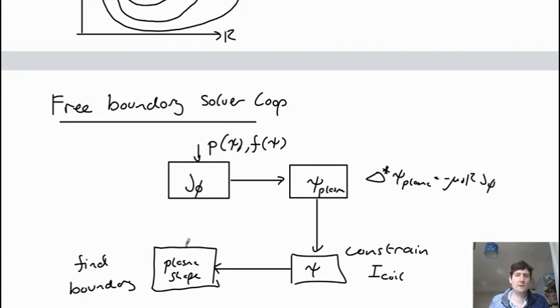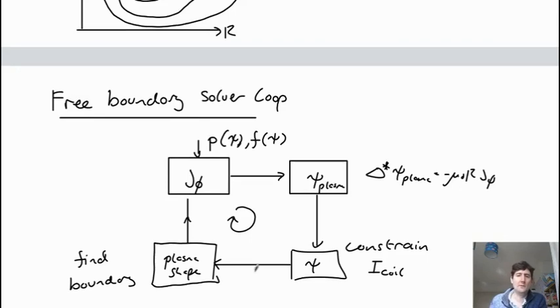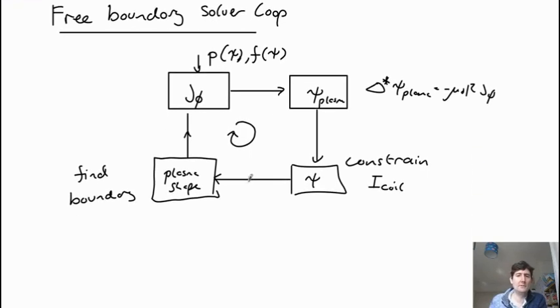And then that allows us to then calculate the toroidal current again, and then we go around this loop. So these are the key stages. So toroidal currents, plasma psi, total psi from the coils, and then plasma shape. And you just keep going around this loop. And typically what's done is you compare the change in psi after each iteration. So at some point here we'll check the iteration, check the convergence.